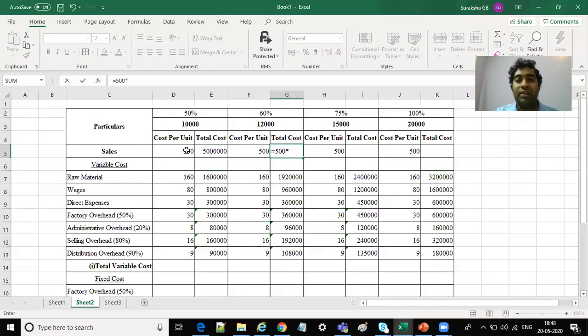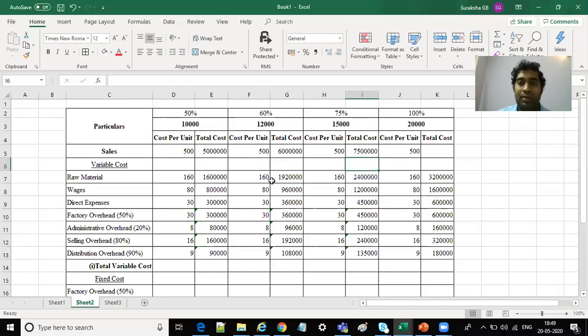So at 50% capacity, it is 50 lakhs, at 60% capacity, 60 lakhs, and at 75% capacity, it is 75 lakhs, and the last one, 500 into 20,000 units will be equal to 1 crore.